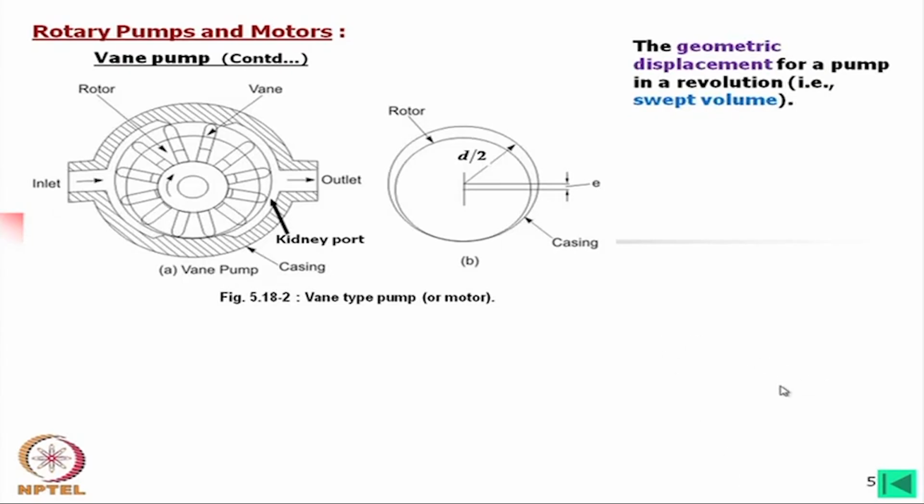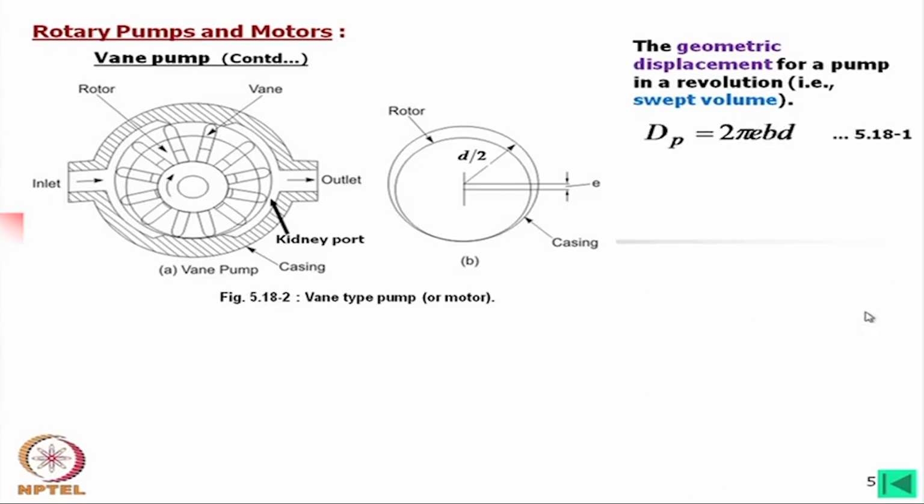Now, how to calculate the geometric displacement, which is called swept volume? If we can calculate whatever the total volume being transmitted in one revolution, that will give us the swept volume.